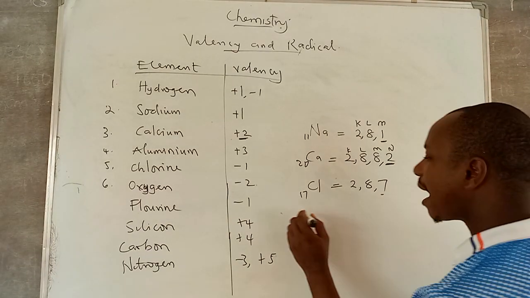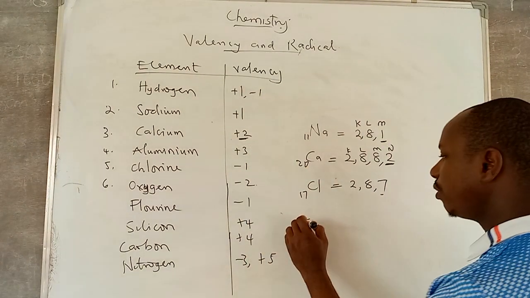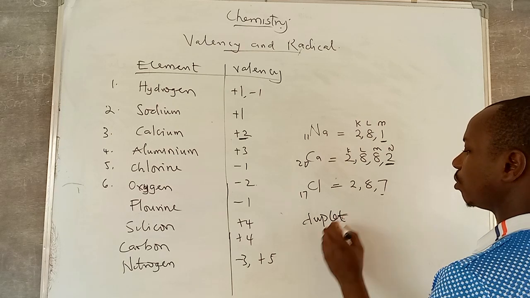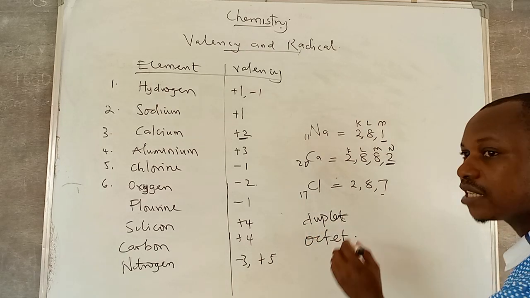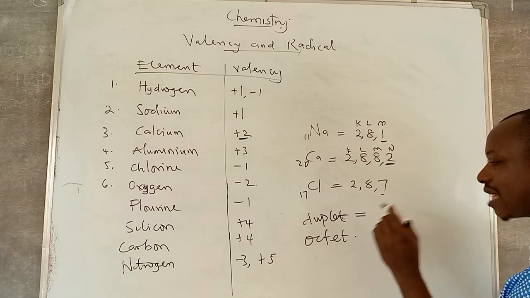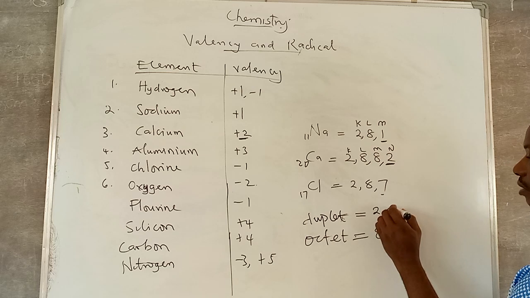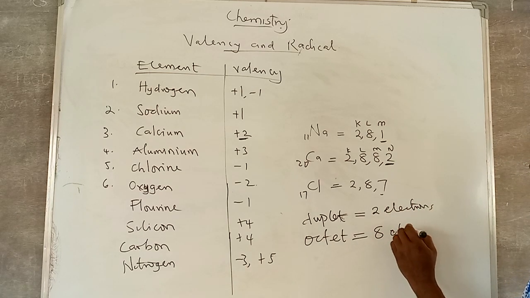And don't forget that we have two stable electronic structures in chemistry: the duplet structure and the octet structure. Duplet structure is when an element becomes stable at 2, octet when they become stable at 8 electrons.